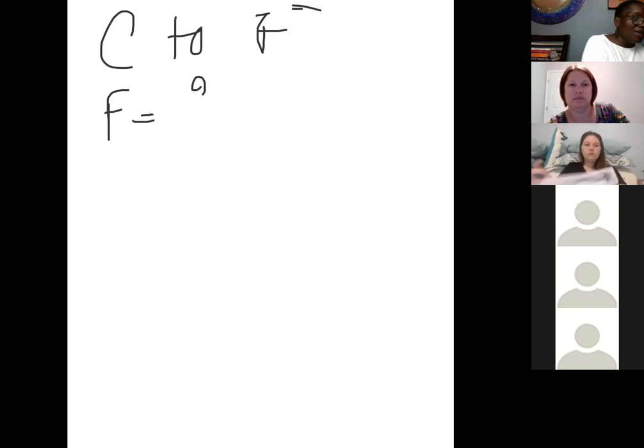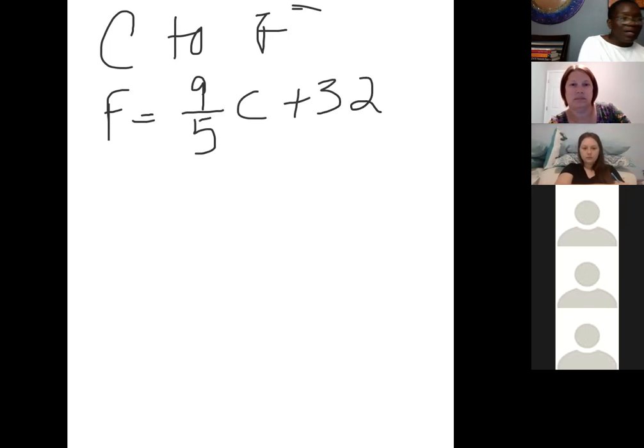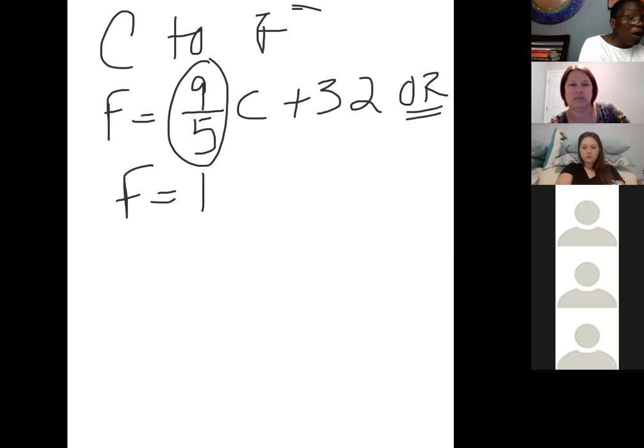So if you're going from Celsius to Fahrenheit, the formula we use for this is F is equal to 9/5 of C plus 32. Now, the beautiful thing about this formula, unlike the previous one, guys, is that this 9/5 you can convert to an exact decimal. So the other way you can write the formula is using the decimal 1.8 to represent 9/5, and then times C plus 32.